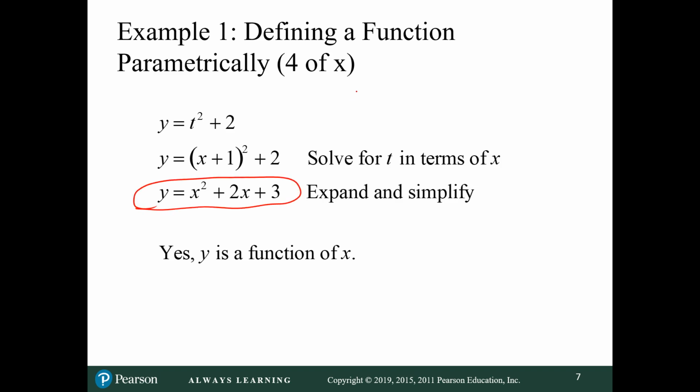Because remember, y was equal to t squared plus 2, and x was equal to t minus 1, right? So if we got t alone, we added 1 to each side. So x plus 1 equals t. So we took the x plus 1, plug it in for the t, and solved. Okay.